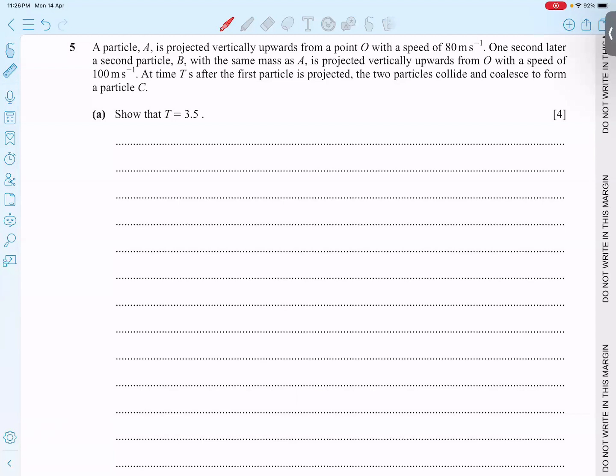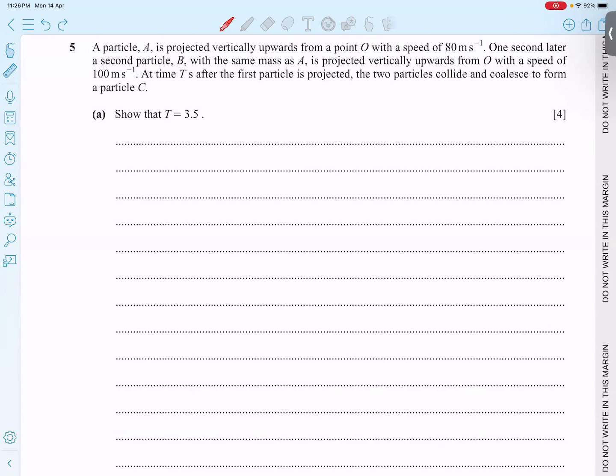Question number 5: we have a particle A projected vertically upwards from O with a speed of 80. Another 1 second later, a second particle B with the same mass, which means both masses are the same, is projected vertically upwards from O. They are thrown upwards from the same position, first with speed 80 and now 100.